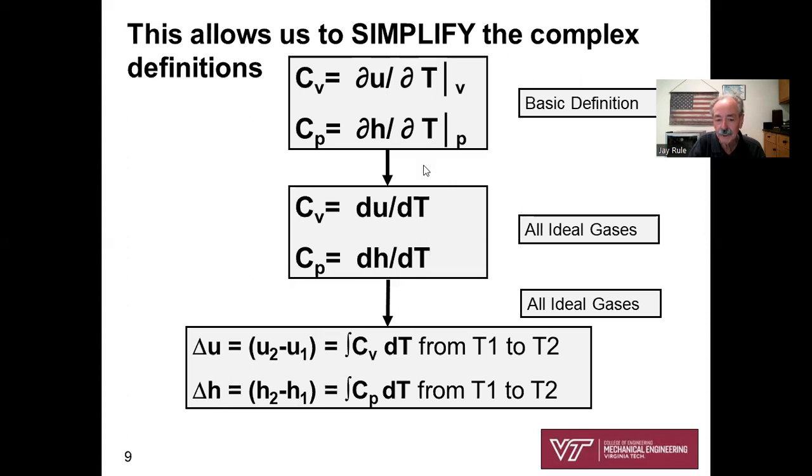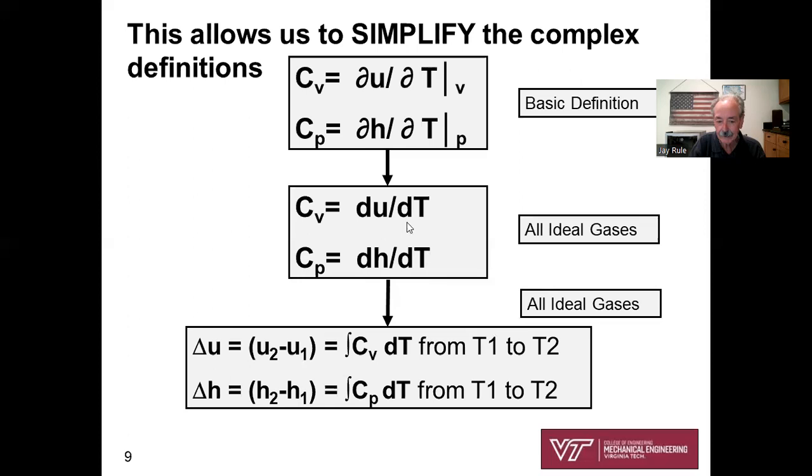If U is a function of T only, this partial derivative turns into an ordinary derivative that you're more familiar with. So for an ideal gas, C sub V is simply dU/dT, and C sub P is simply dH/dT.